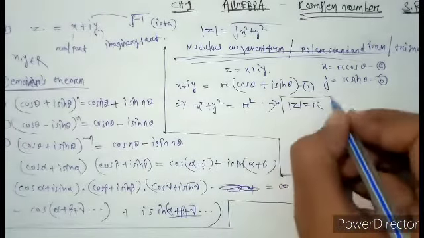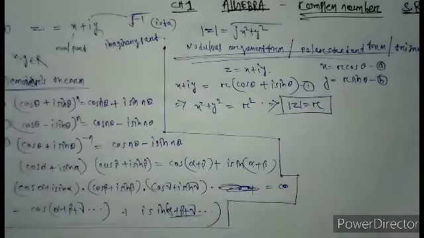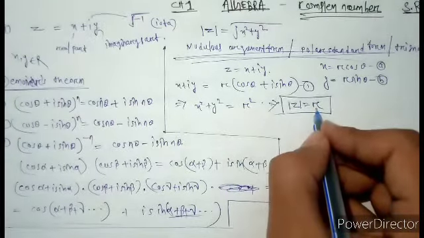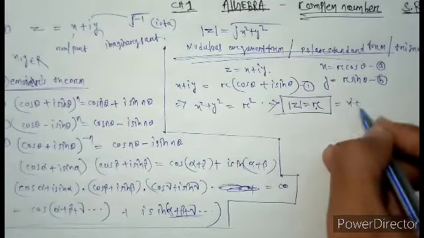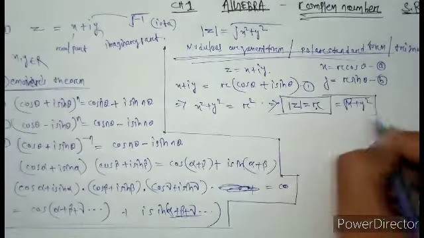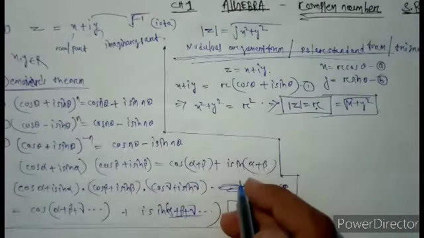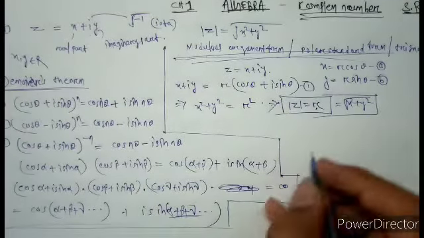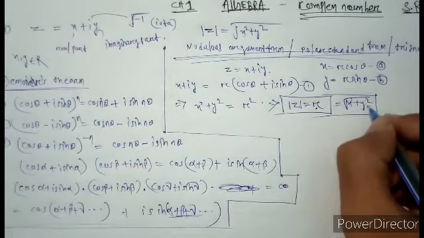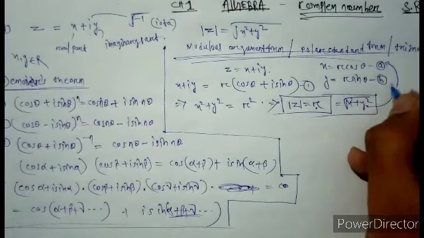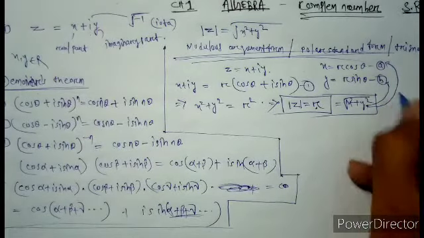So this is the polar standard form, or modulus argument form, or trigonometric form. Then putting the value of r, that is root over x square plus y square, in equations A and B, what can we write?